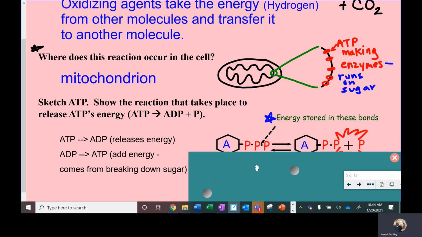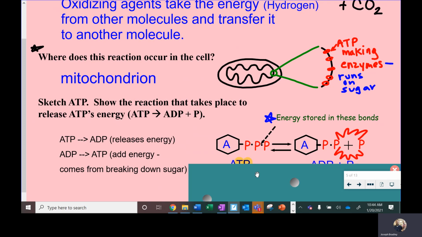So there's a simplified way to draw it. I'm just having you draw a shape that we're going to call adenosine. And then there are three phosphate groups. There's energy stored in each of the bonds between the phosphates, but a lot of energy is stored between the last two phosphates.